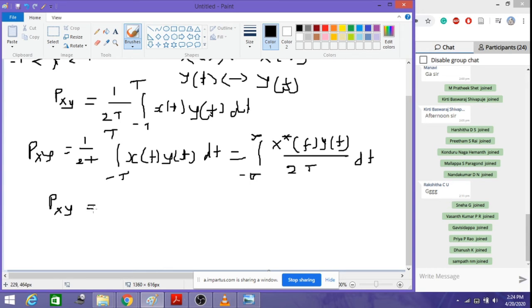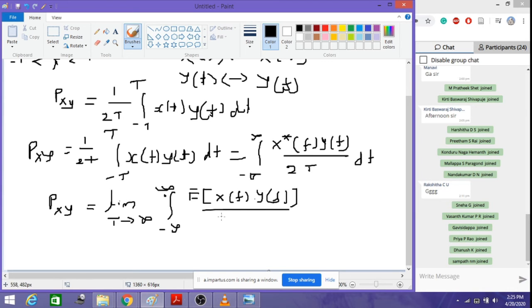Now let us apply the limits on the right hand side in terms of frequency: Pxy equals the limit as T tends to infinity, integral from minus infinity to plus infinity. Let us also apply the expectation, so the expectation of x conjugate of f into y of f, all divided by 2T, into df.